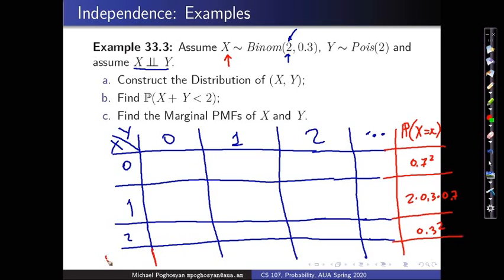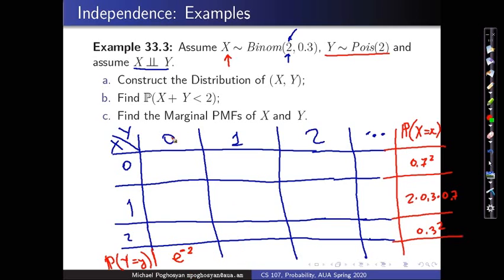Here I'm writing the marginal of y, or individual distribution of y, sorry. Let me erase this part maybe. And write the probability that y is equal to small y. The probability that y will be 0, because I know this distribution and I know that formula, is e to the minus lambda. Lambda is 2, so e to the minus 2 here.